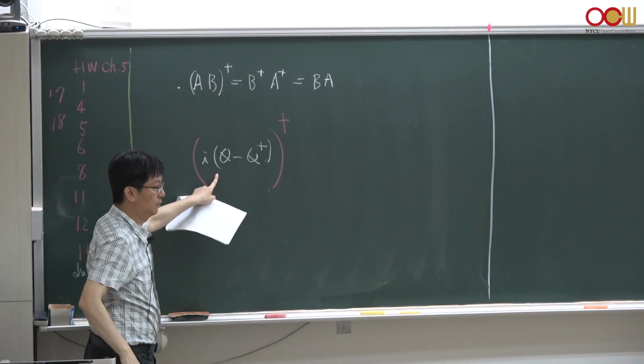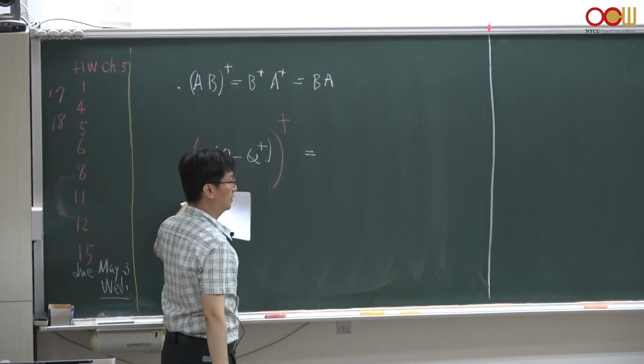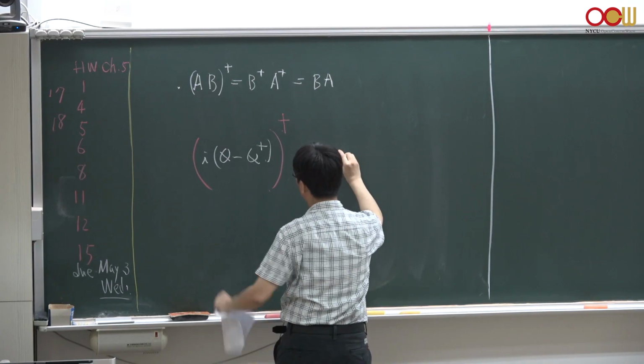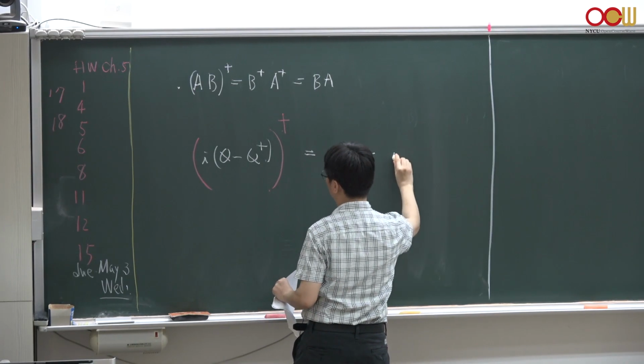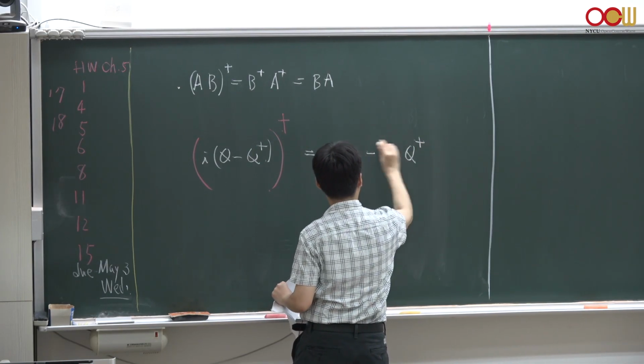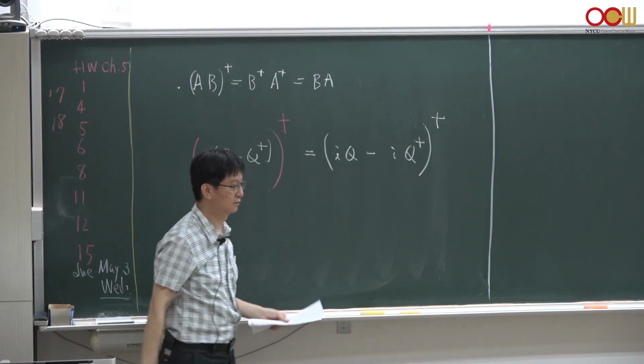To show this is a Hermitian operator, we need to take the dagger of the whole thing. You simply use linear algebra to help you. So I can separate this as iQ minus iQ dagger, and I put the dagger. Yes?